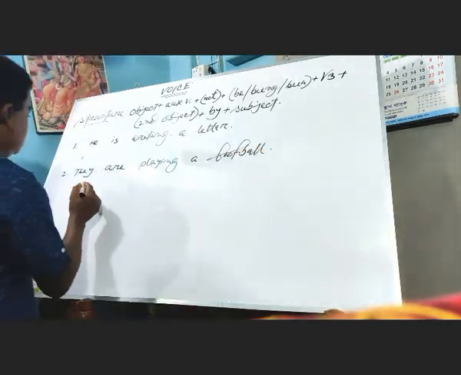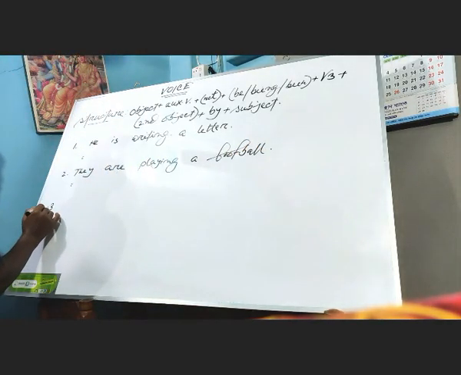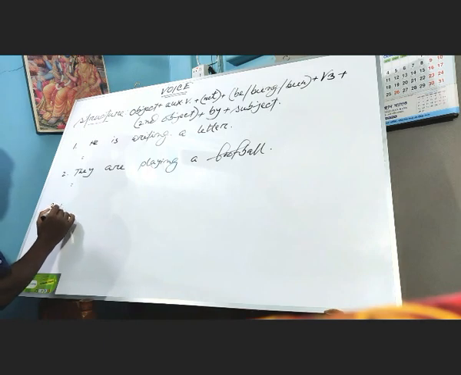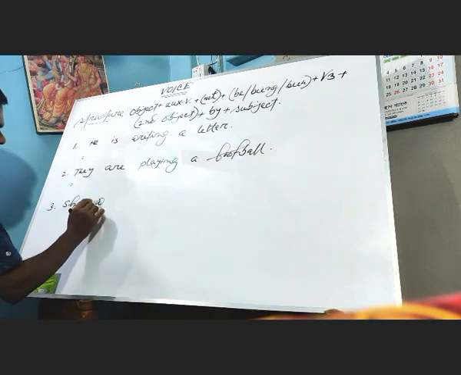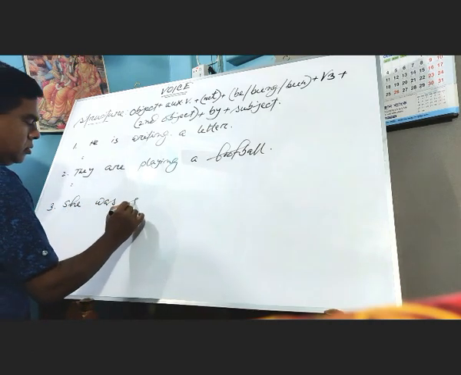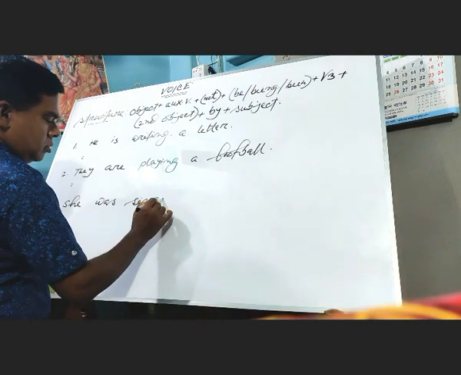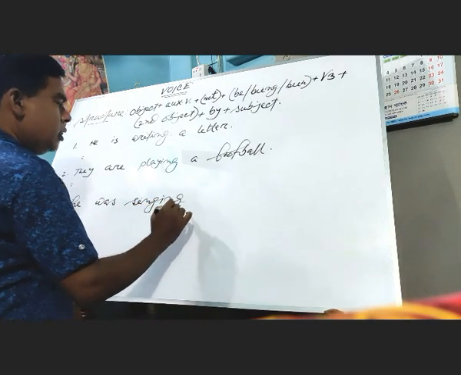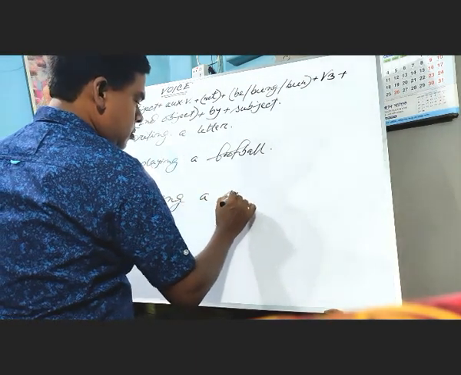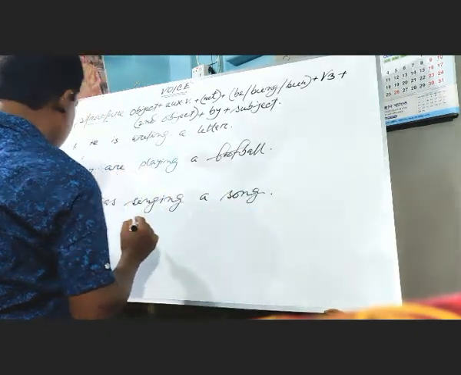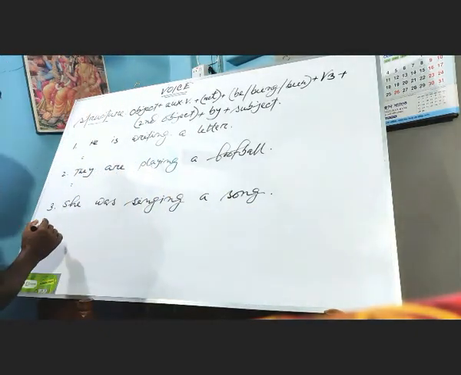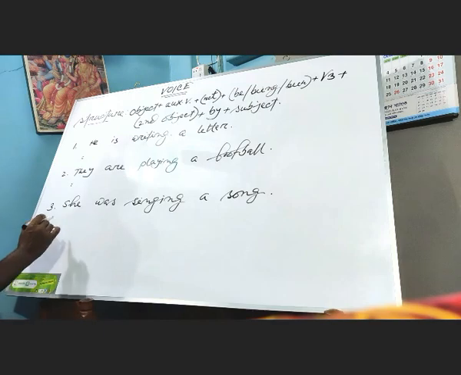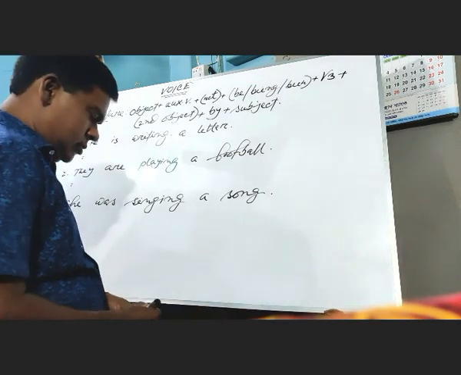Third is: She was singing a song. Okay, these three sentences we will do first.